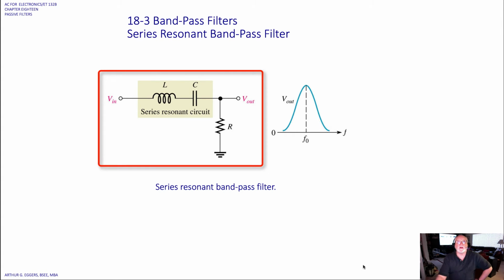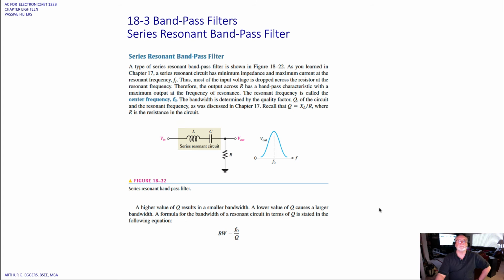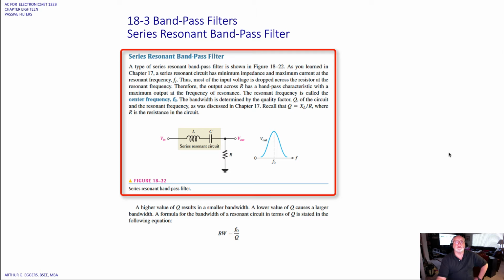So if we look at what a series resonant bandpass filter looks like, it's an RLC network. So we've got an inductor and a capacitor forming the series resonant portion, and then we take the output across the resistor. As you've learned in chapter 17, the series resonant circuit has a minimum impedance and a maximum current at the resonant frequency.